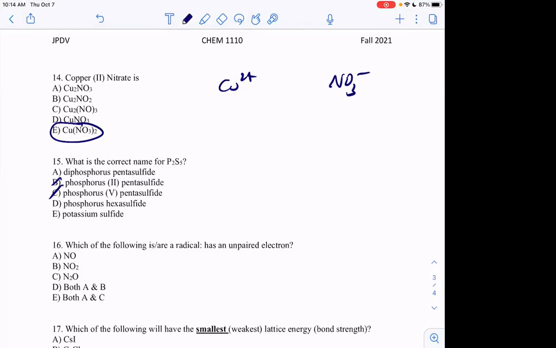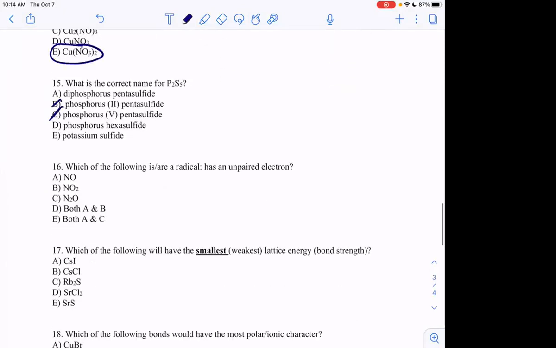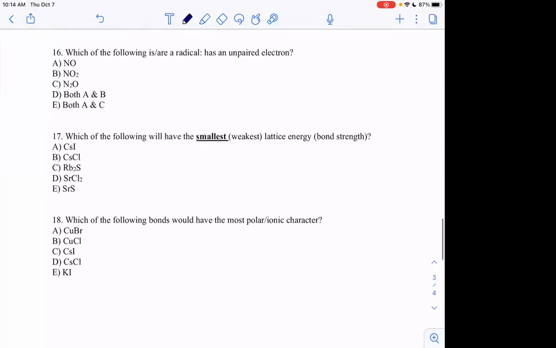Phosphorus hexasulfide, no, because there's 2 phosphorus and there's not 6. And potassium sulfide, no, it's not even potassium. If you choose A, I have to shoot you. I have no choice. If you think phosphorus is potassium at this point, we're in trouble. All right. I guess I shouldn't have said that. I'll get in trouble. All right.